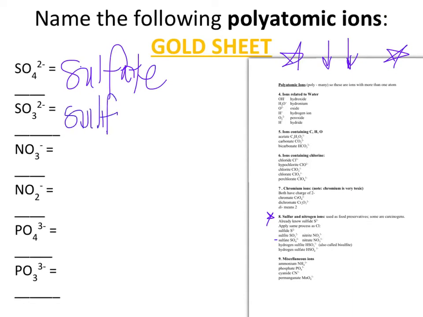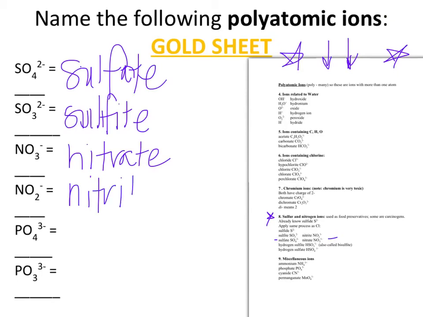Oh my gosh, I can't write. NO3 minus, okay, which is 1 minus, is nitrate. And NO2 minus is nitrite. PO4 3 minus, phosphate.